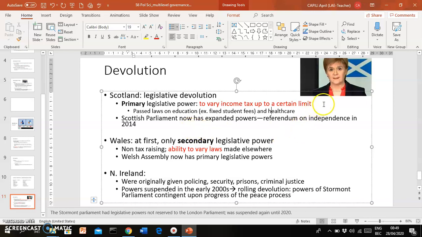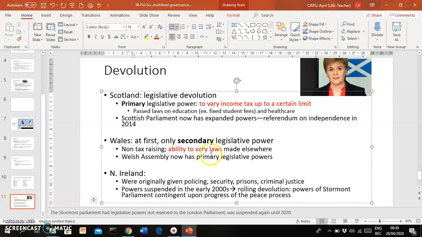Okay, and we know the First Minister Nicola Sturgeon was in favor of this, and she was also in favor of remaining in the EU. And after the Brexit referendum, there was talk of the Scots again, probably maybe deciding on whether they want to stay with the rest of the UK or not.